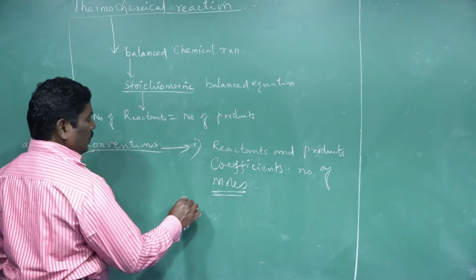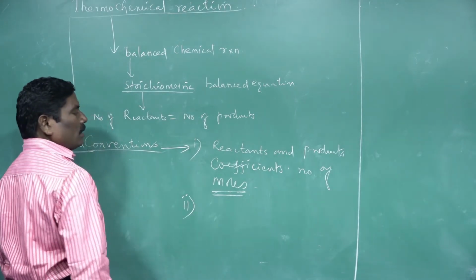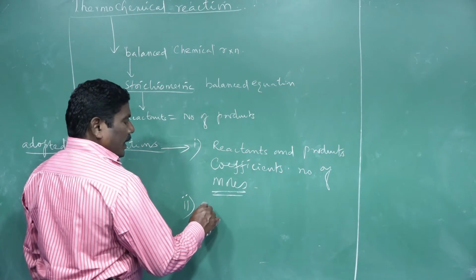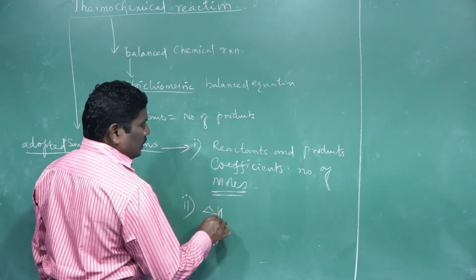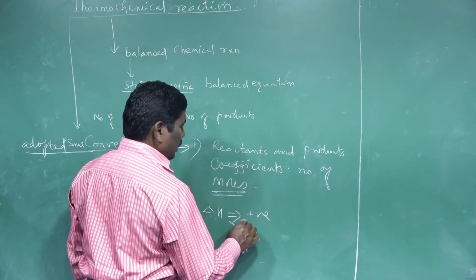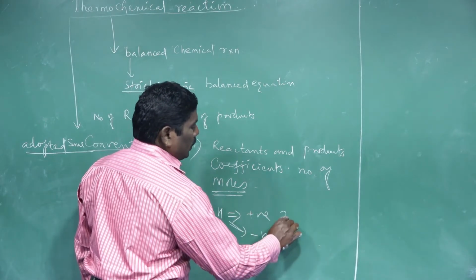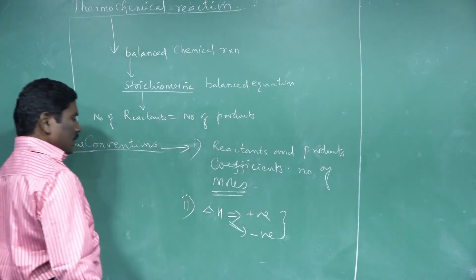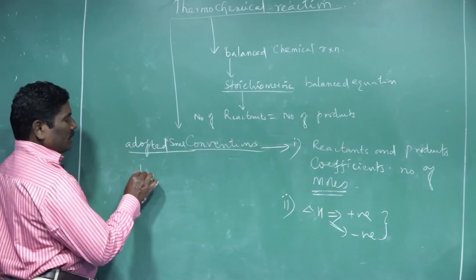The second convention is that the reaction and its delta H value are to be represented by a positive value or a negative value. To understand this, I am going to write an equation.